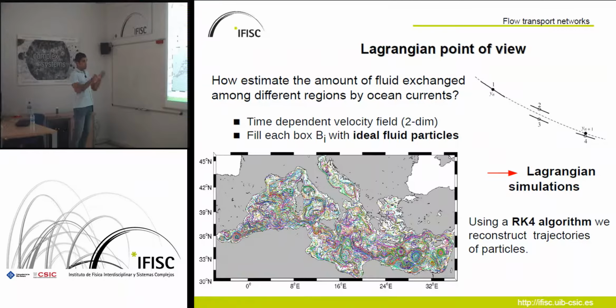We fill each node, each box of the network, uniformly with a distribution of ideal fluid particles. Then we perform a Lagrangian simulation, integrating the velocity using a Runge-Kutta algorithm. What we get is trajectories over the whole domain. This is a snapshot of one of the simulations with only a few trajectories, and you can see how complicated it is to extract information from this.